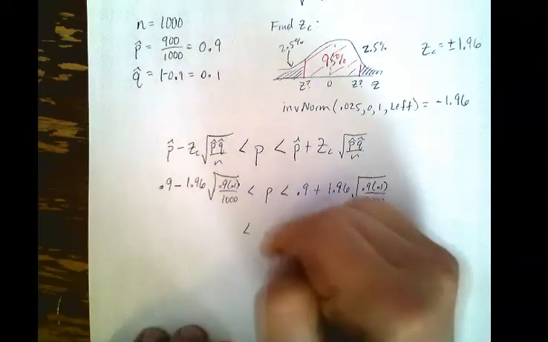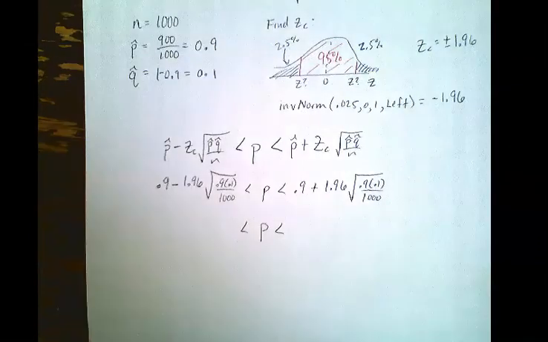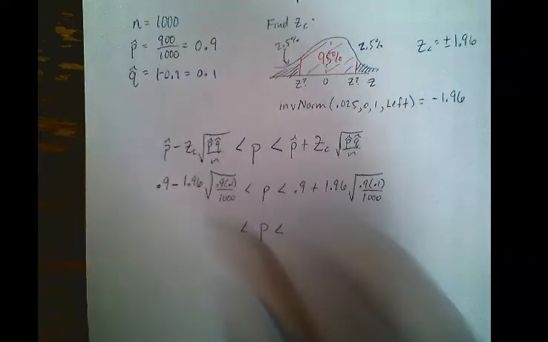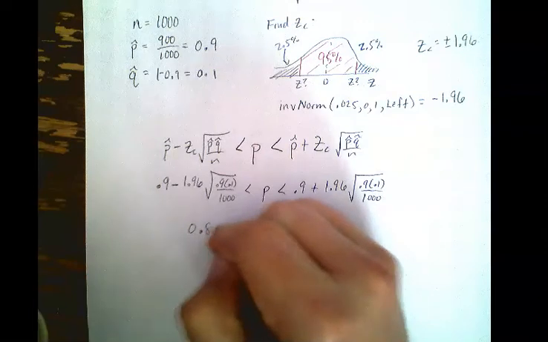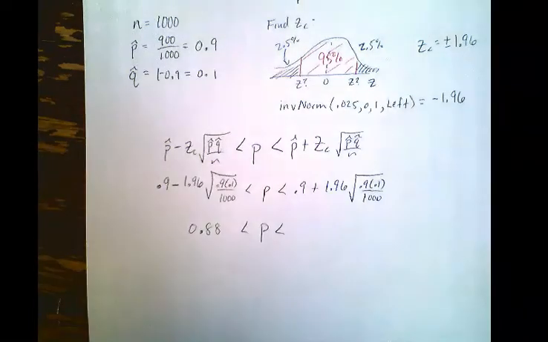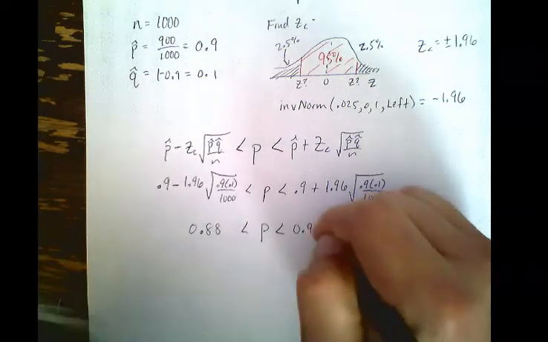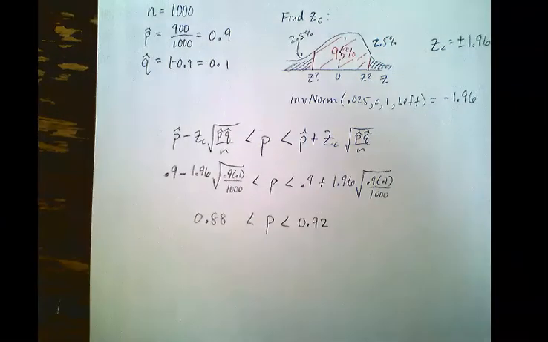So let's calculate it. P is going to be in between what numbers? So our lower bound is 0.88 and 0.92 if we round to 2 decimal places.